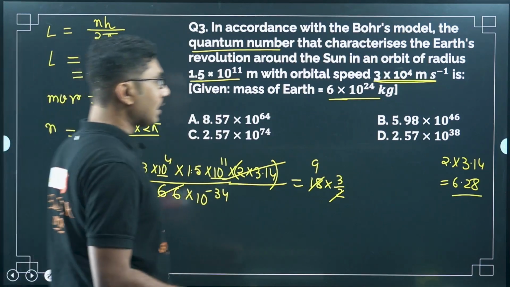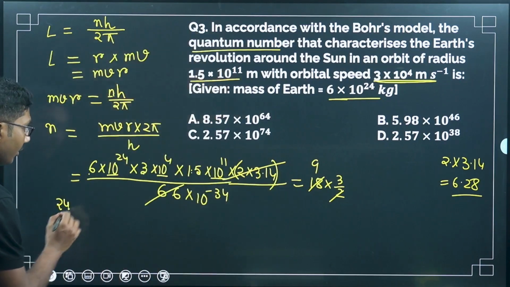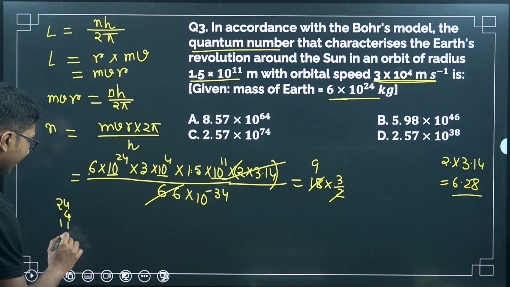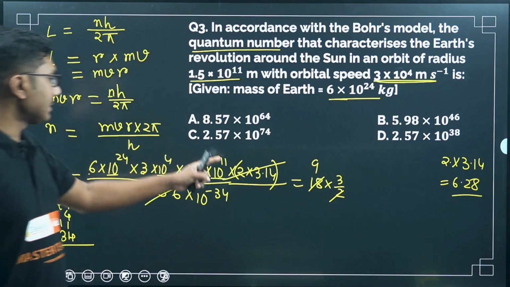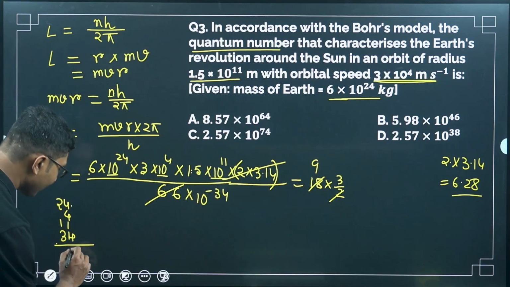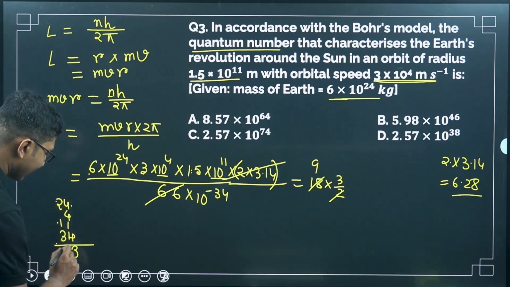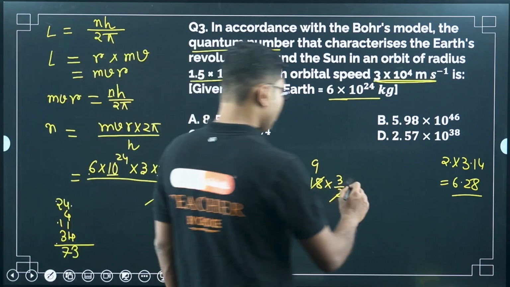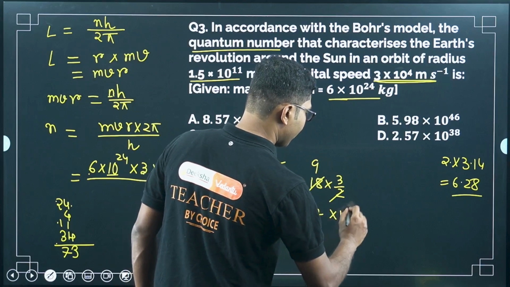So the powers are 24, 4, 11 and 34. 4 and 4 is 8, 9, 13, with 1 in hand, 3 plus 1 is 4, 4 plus 3 is 7, 73. So 27 times 10 to the power of 73.